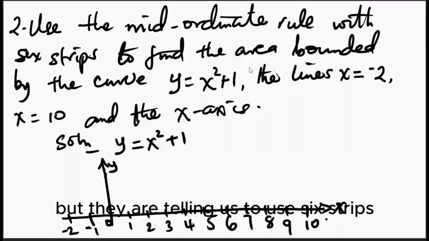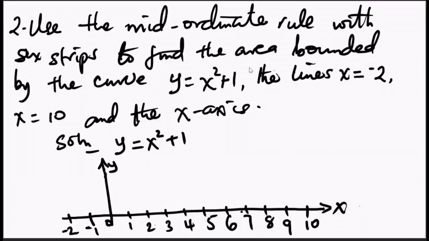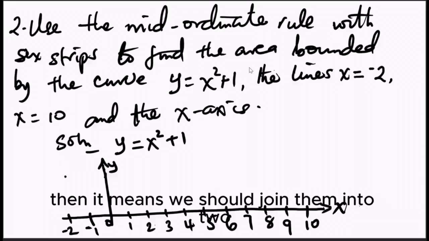But they are telling us to use 6 strips. If you count these, we shall get 12 intervals. So for us to get 6 strips, it means we should join them into 2.